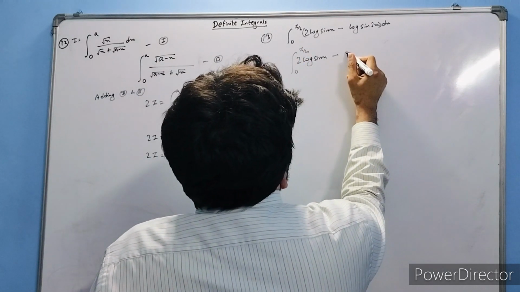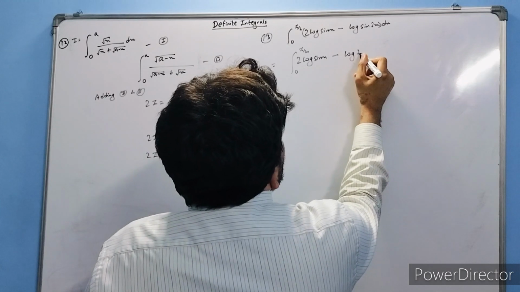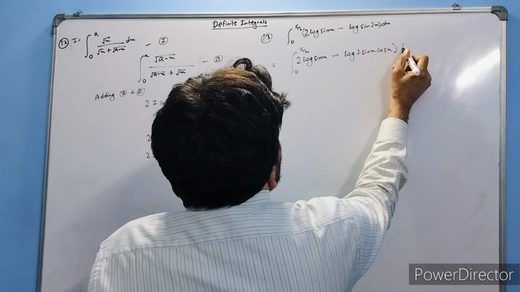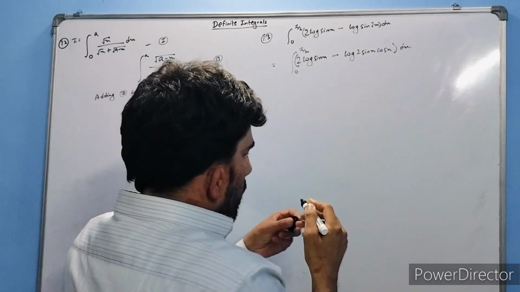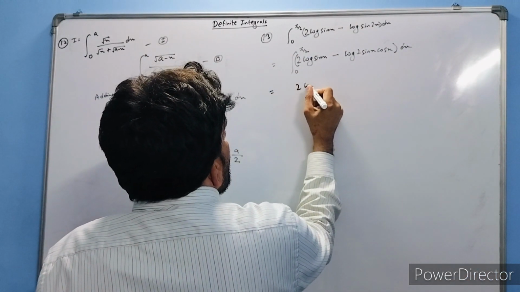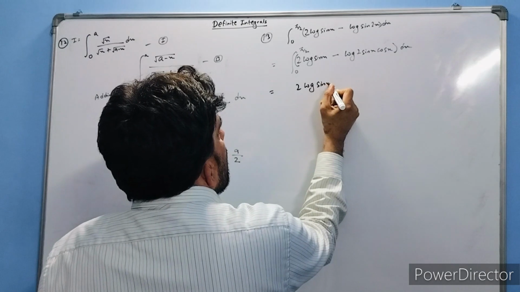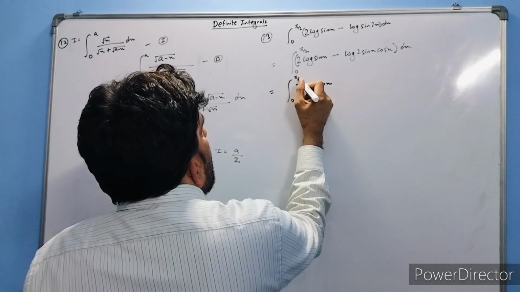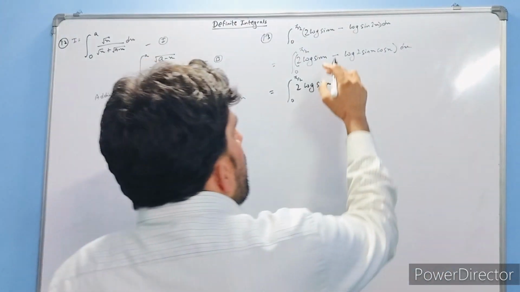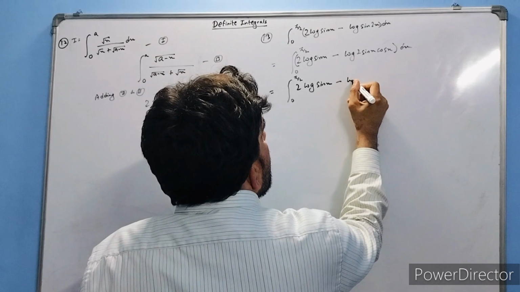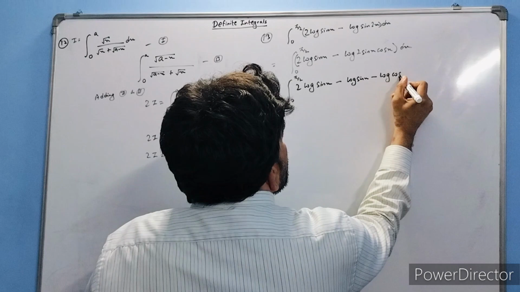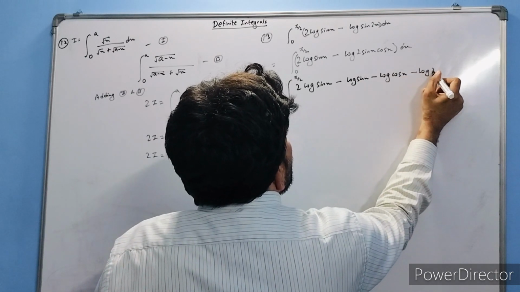So minus, we can write log sin 2x will be 2 sin x cos x. Okay, so we have this, and now we'll try to solve. What will happen? 2 log sin x, 0 to pi by 2. We have minus, we know log AB we can get log A plus log B, but we have a minus sign outside, so we'll multiply. We'll get here log sin x minus log cos x minus log 2.